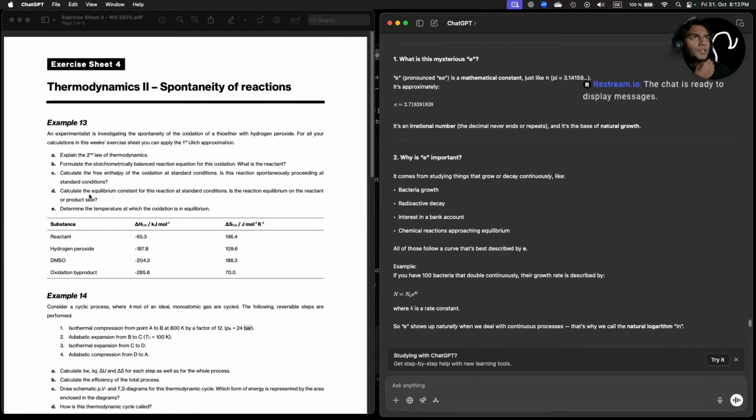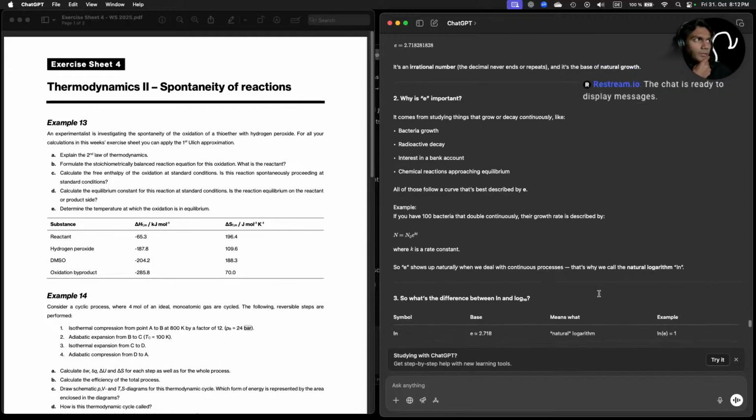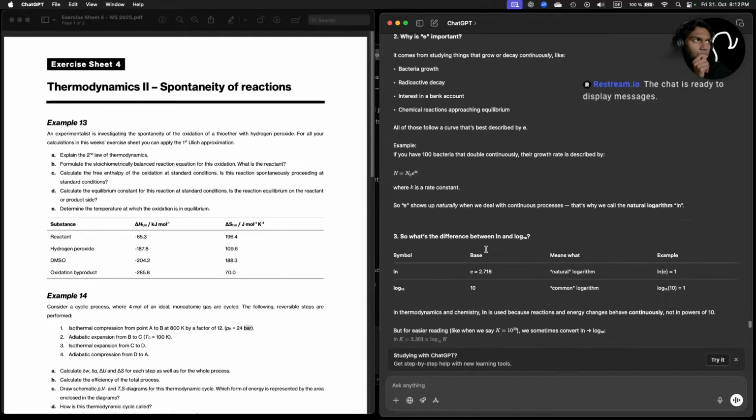Why was E here? E, okay. That's what we call natural logarithm. Now, what's the difference between ln and log?